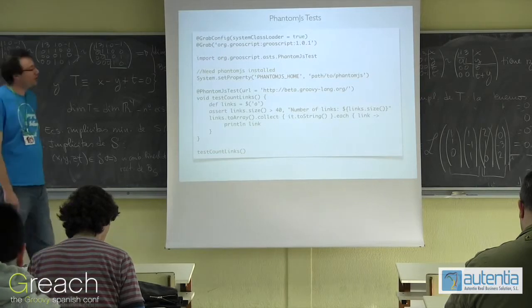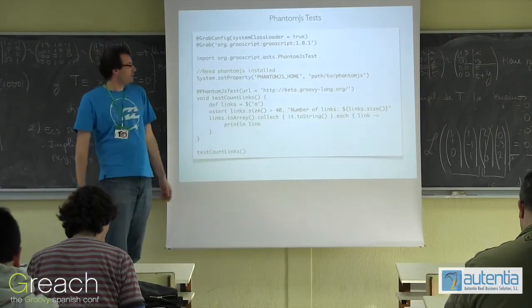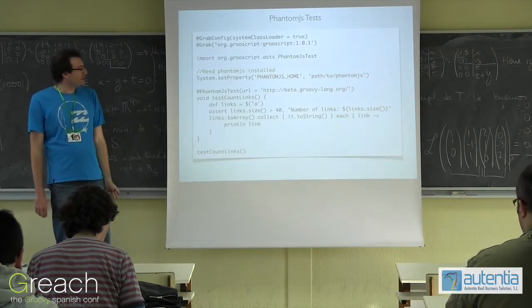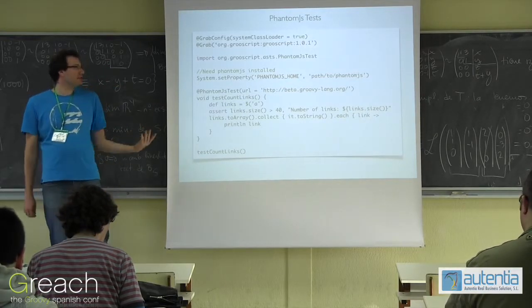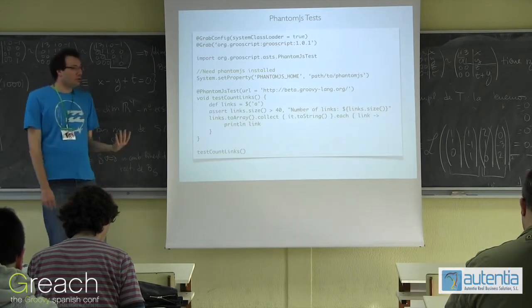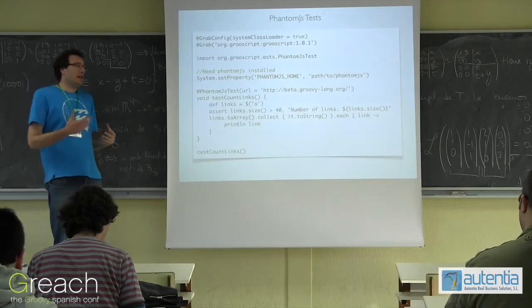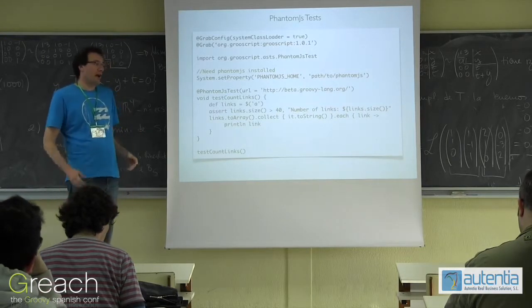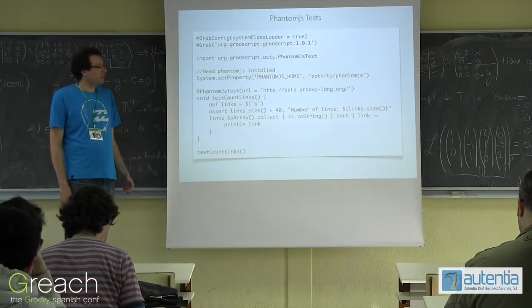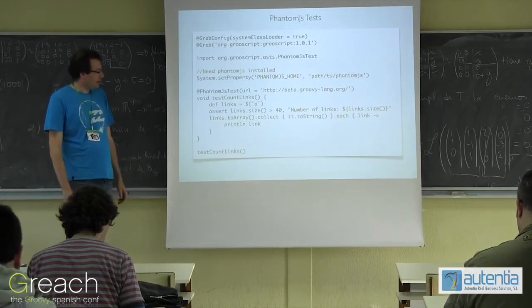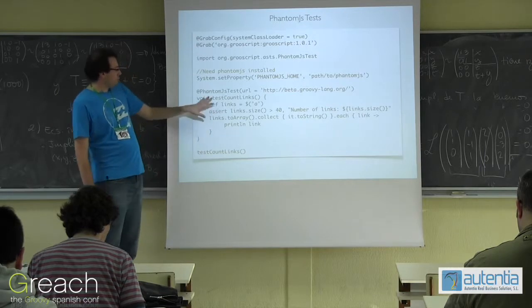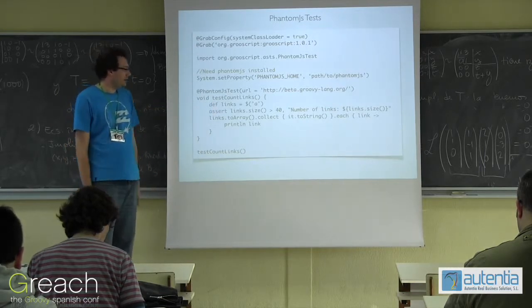Another feature of Grooscript is that we can run a PhantomJS test. PhantomJS is a JavaScript library to do tests like in a browser. PhantomJS has its own browser, and you can run tests with it. But the good thing about this test is that you run that test in Groovy.